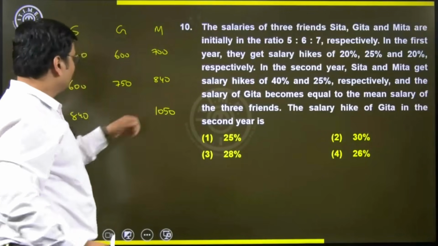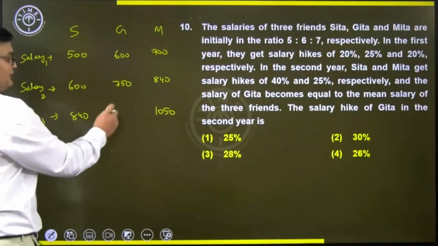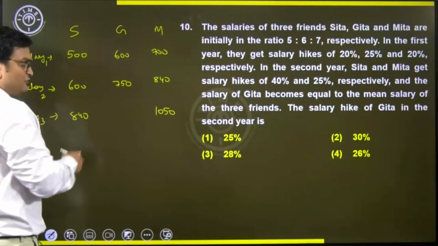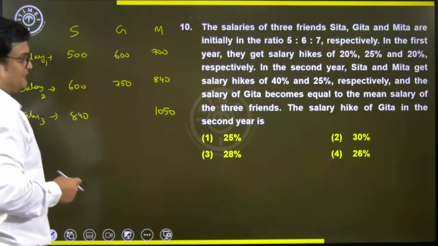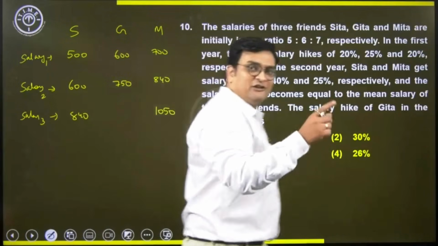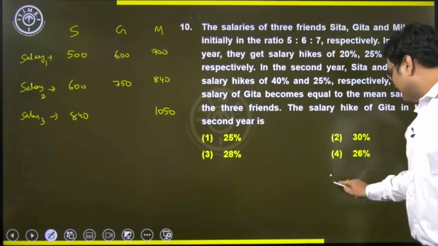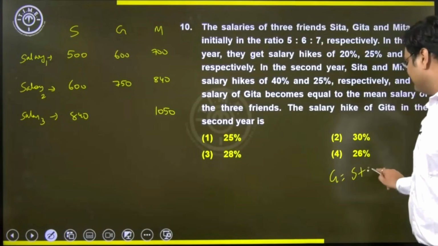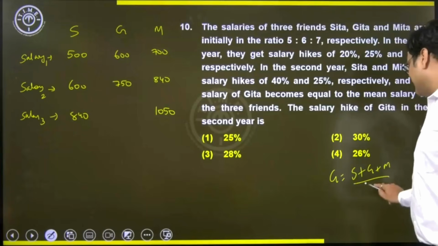And the salary of Geeta becomes equal to the mean salary of the three friends. So Geeta's salary will be equal to Sita plus Geeta plus Meeta divided by 3.